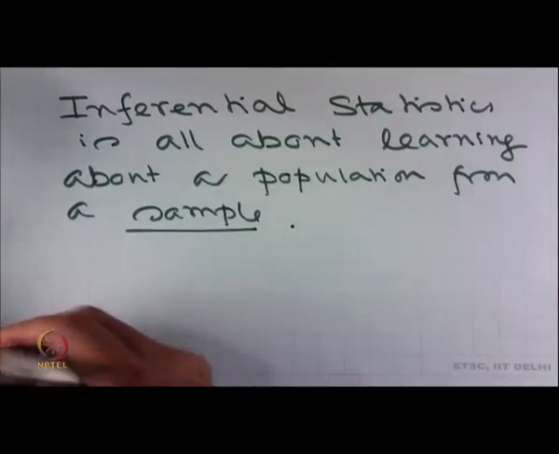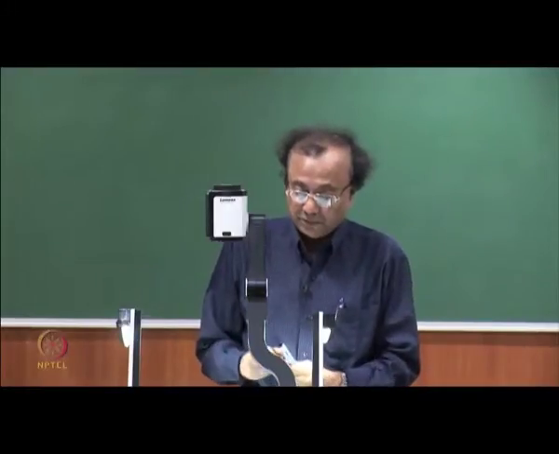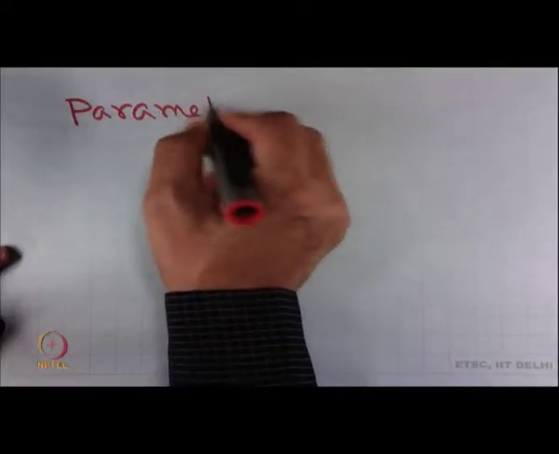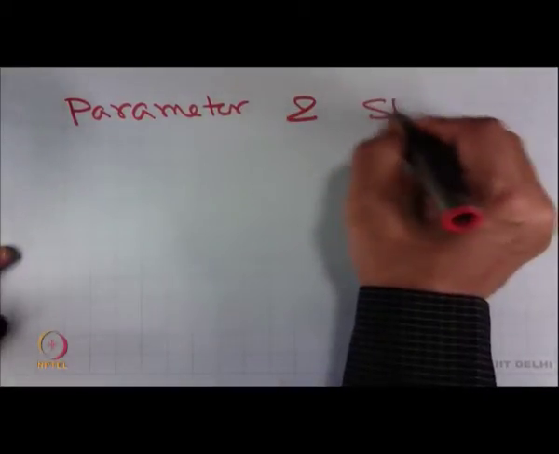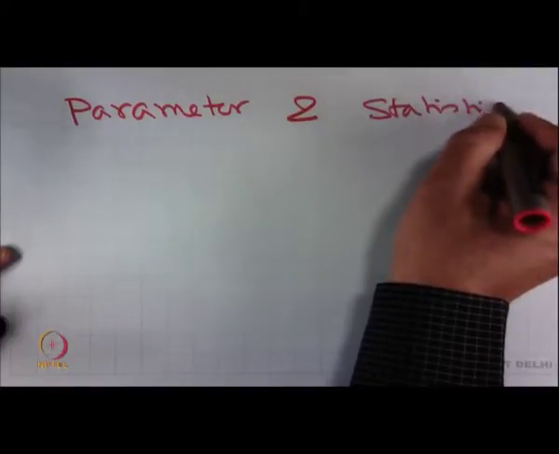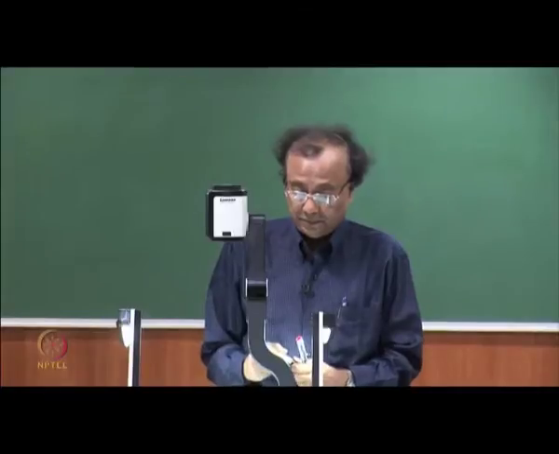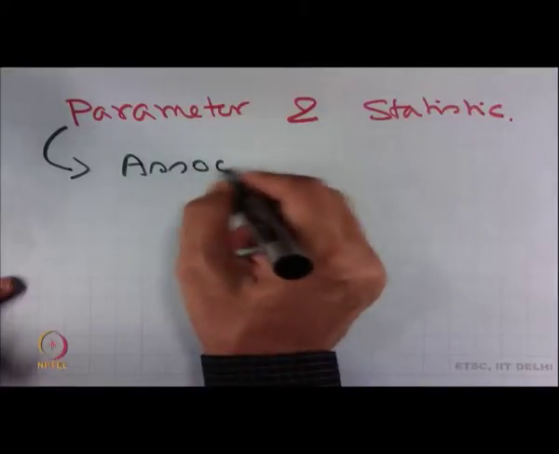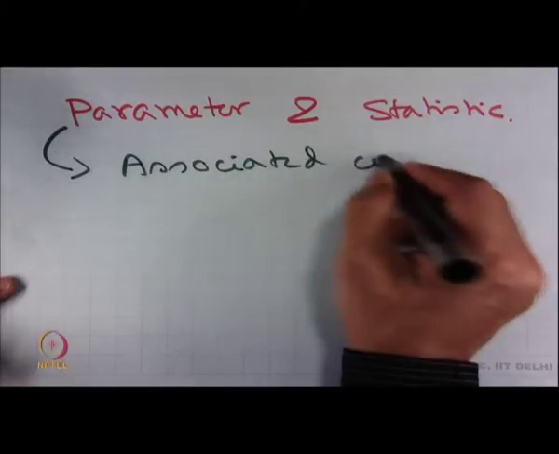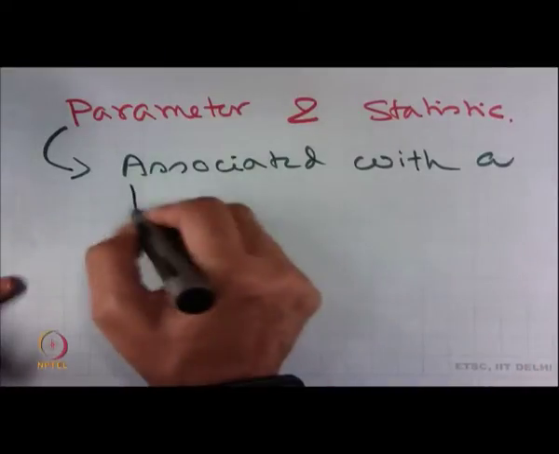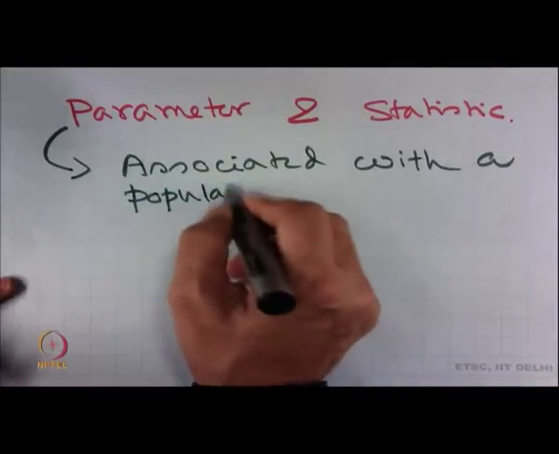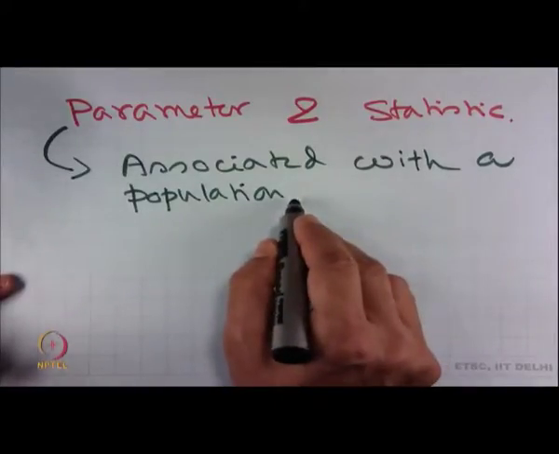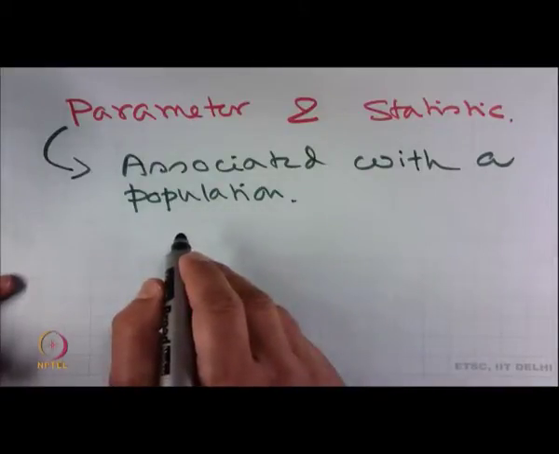At this juncture, I would like to distinguish between two terms, parameter and statistic. A parameter associated with a population is a property of the population, we can say.